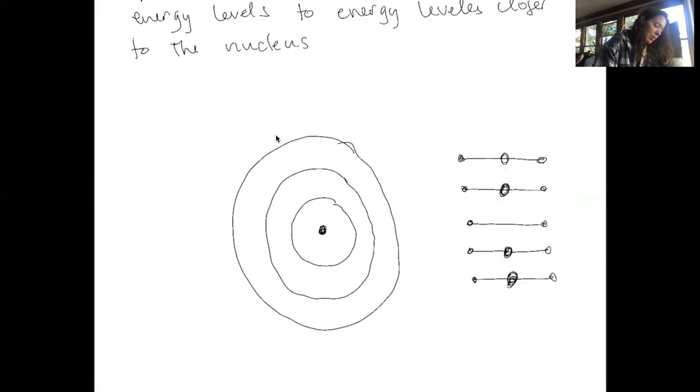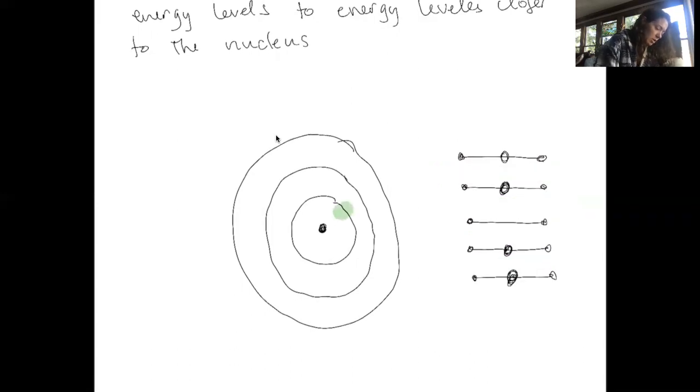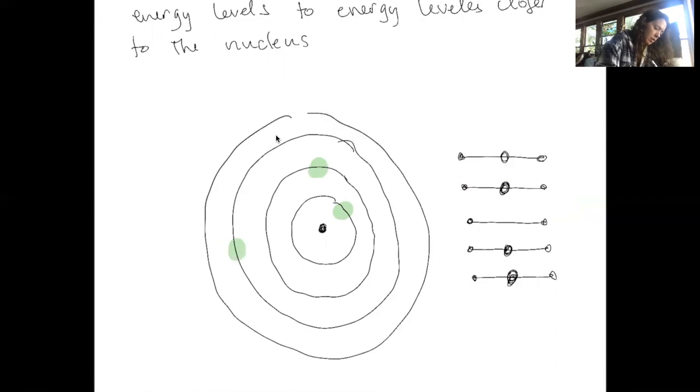Well, in the same way, our electrons can be here or here or here or here, and so on. What they cannot do is locate the region in here, okay?